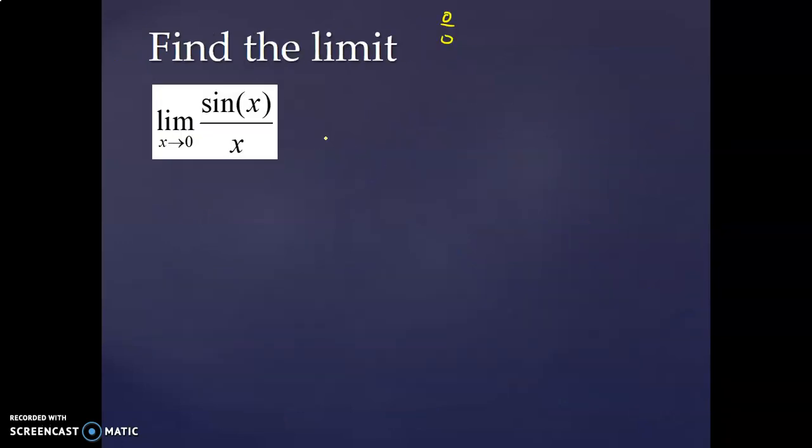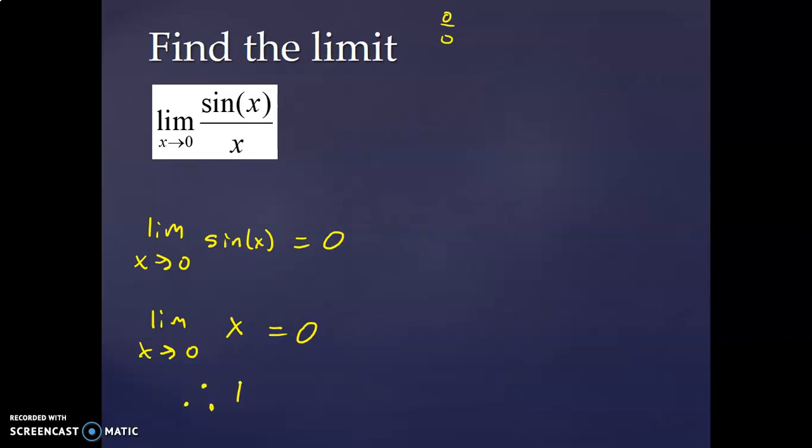So if this was the problem on a free response question on the AP exam, there's 3 things that you always need to write. So first, you need to write the limit of the top. So you would say the limit as x approaches 0 of sine of x is equal to 0. Then you need to write the limit for the bottom. The limit as x approaches 0 of x is also 0. As long as these 2 statements are both equal to 0 or both equal to infinity, then you say, therefore, L'Hopital's Rule applies.